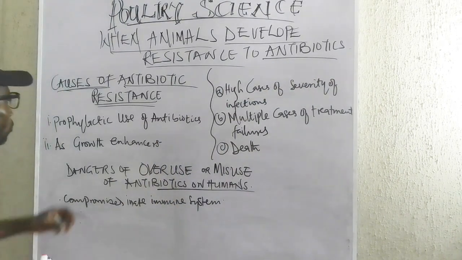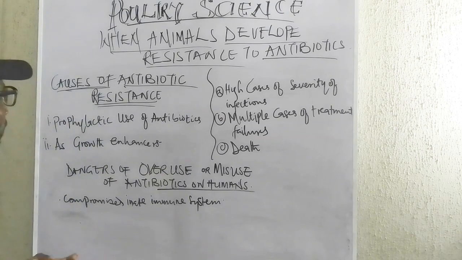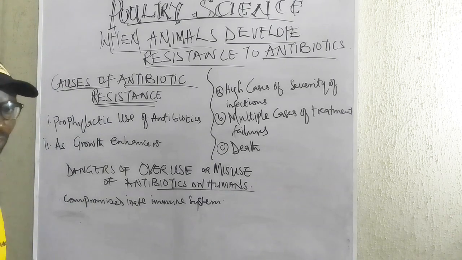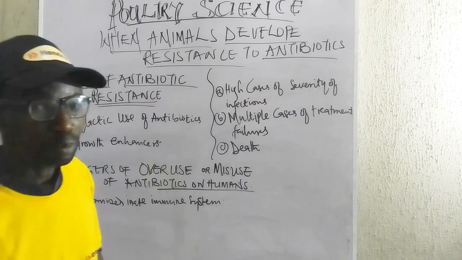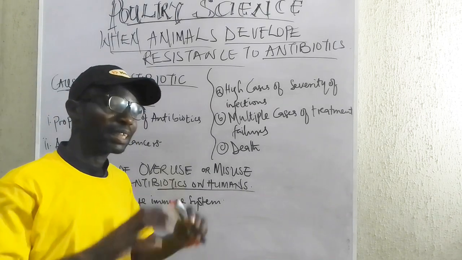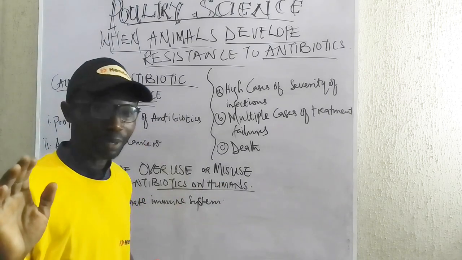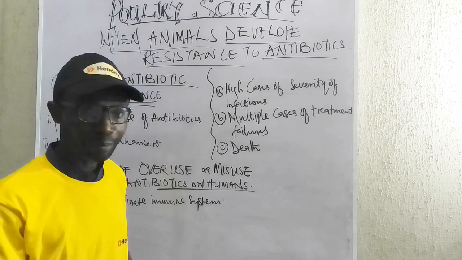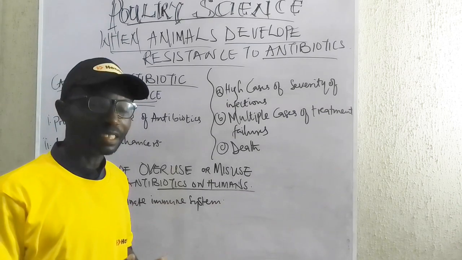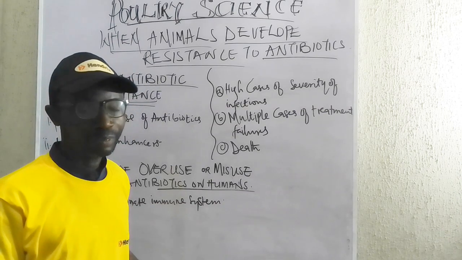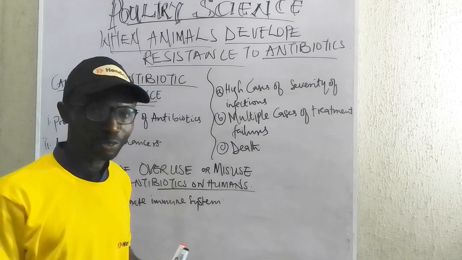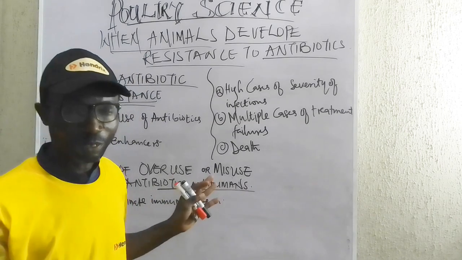Now, what are the reasons why bacteria develop resistance to antibiotics? First of all, as defined in the last video, antibiotics are chemicals that are used, in general, to control bacteria by killing them or inhibiting their proliferation, making sure they don't reproduce and just move on and proliferate.